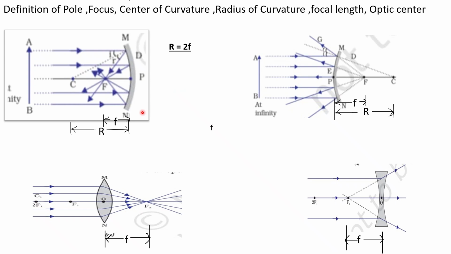And now we'll define the terms pertaining to lenses. So what is a lens? It is a transparent material which is bound by two spherical surfaces. So here this is a spherical surface, and here this is a spherical surface. At least one or both of the surfaces should be spherical.